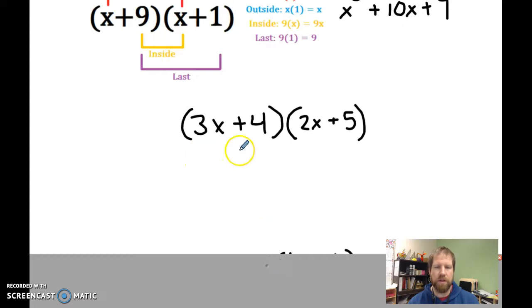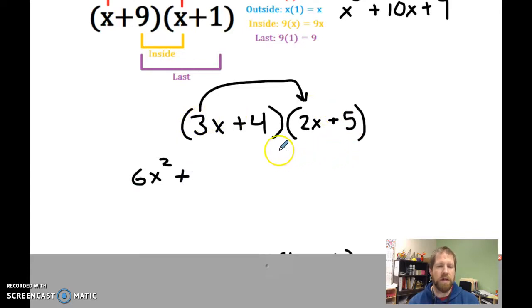All right, so looking at this one, I've got my first terms. So 3x times 2x gets me 6x squared. And when I'm looking at these for steps, what I want to see is all of your problem written out on your paper. Okay, and then I'd like to see the arrows.